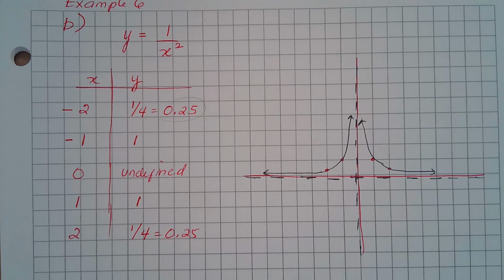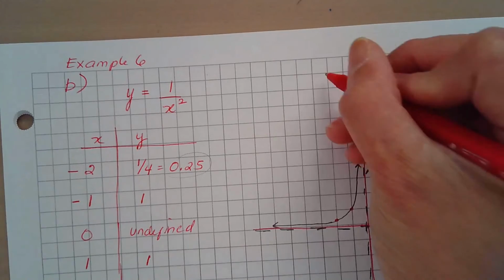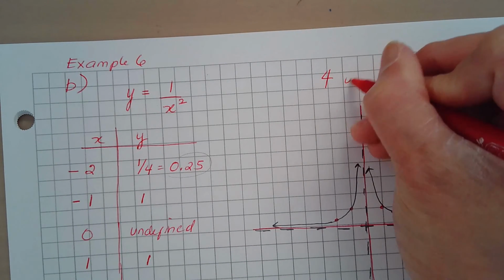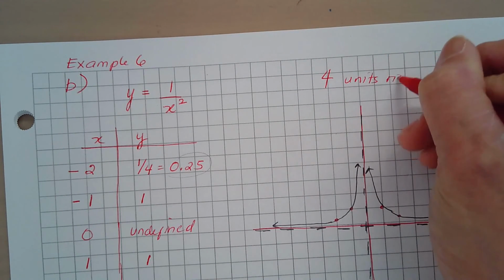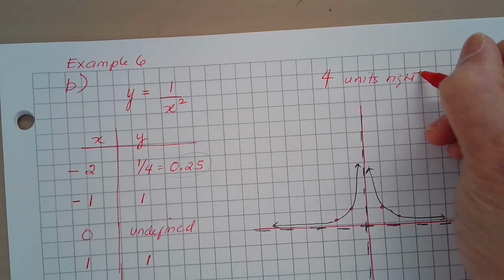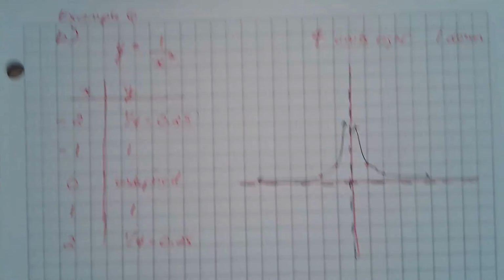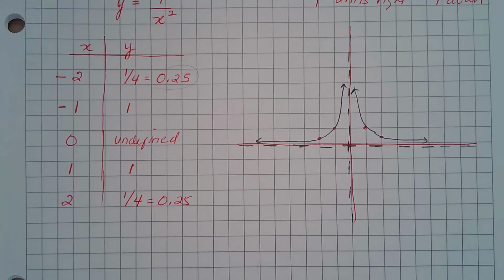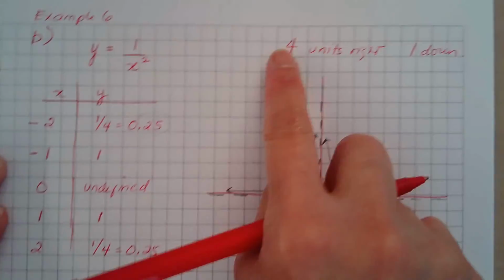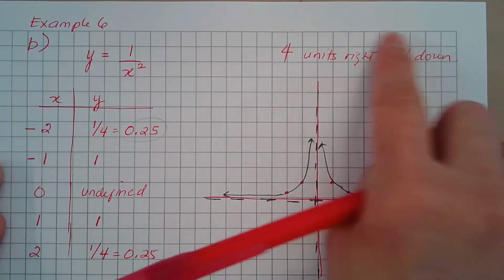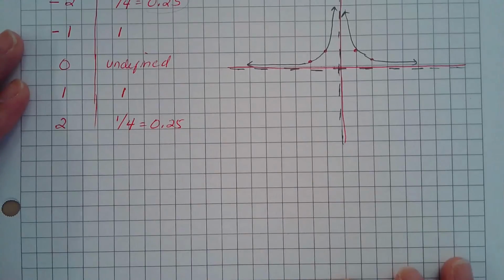It says 4 units to the right and 1 unit down. Okay, so far so good.